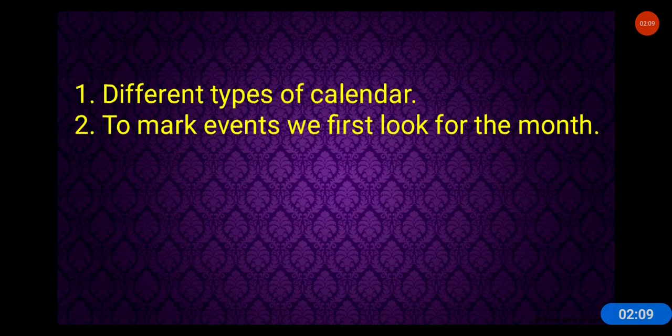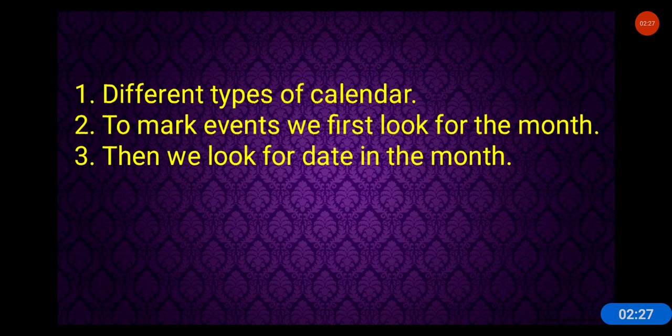When we are going to mark any event in the calendar, we first look for the month, in which month that particular event is given. After that we look for the date in that particular month.